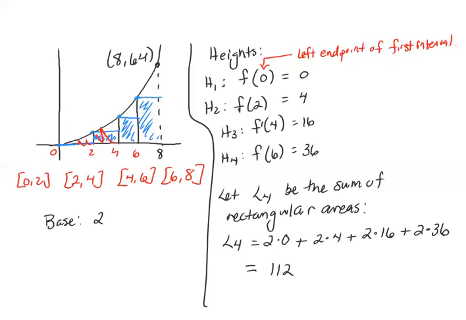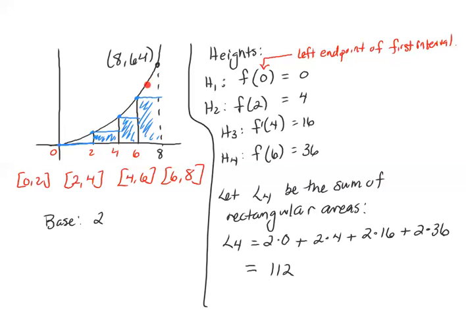So it's this entire region here. That's what we're trying to find the value of. And you might notice that this sum that we calculated is less than that desired region.